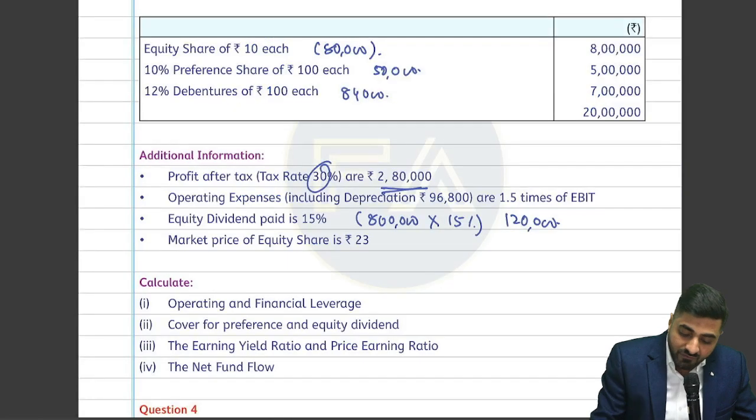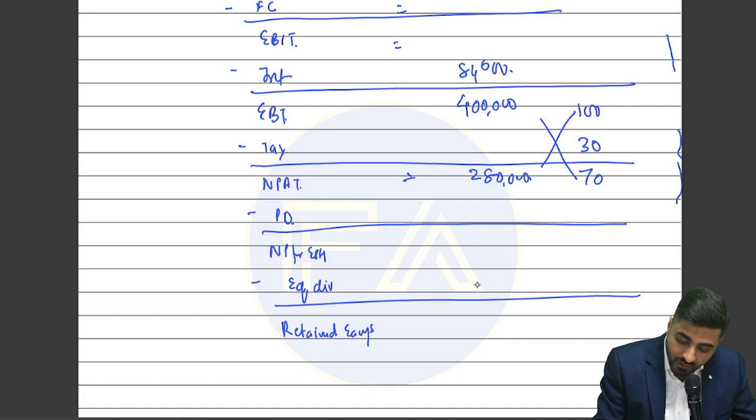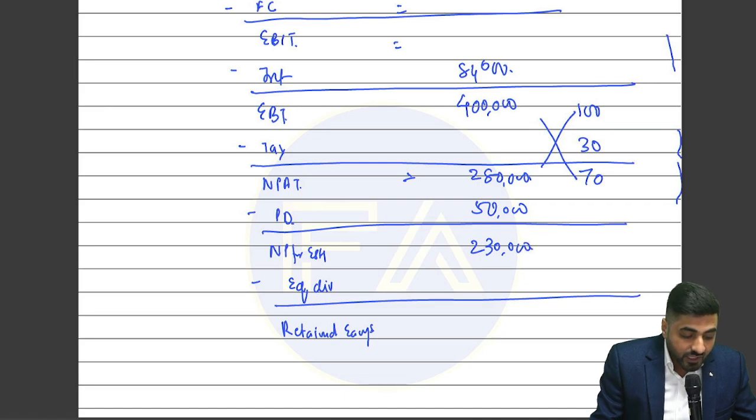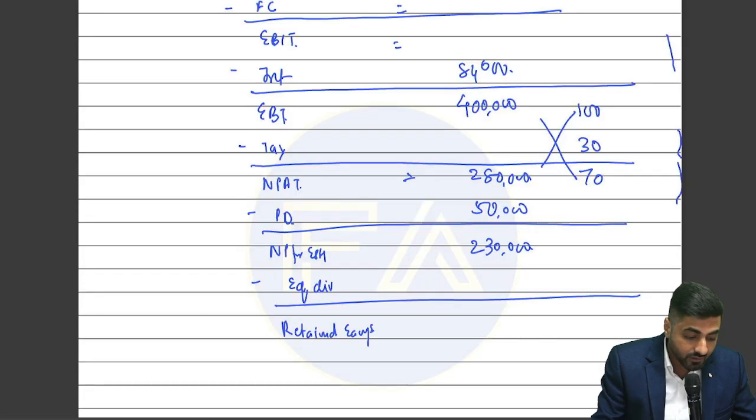The amount of the preference dividend which you have just now calculated is nothing but what? 50,000. That is also okay. From 2,80,000 if I subtract 50,000, what will I get, beta? 2,30,000. Then also please give the amount of equity dividend. 1,20,000. Now can you give me my retained earning?